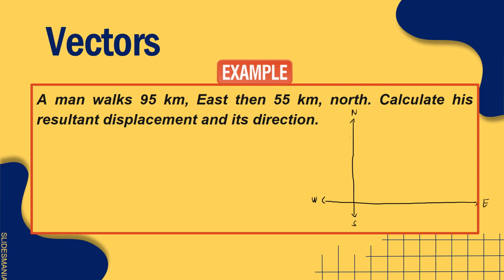So a man walks 95 kilometers east, assuming that this is already 95 kilometers, and then 55 kilometers north.